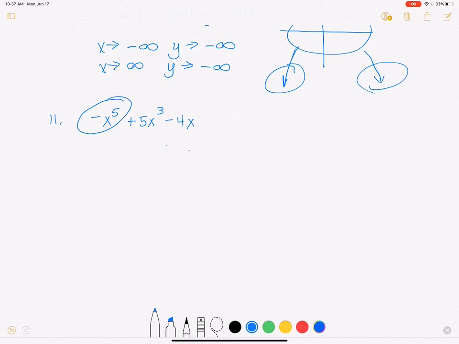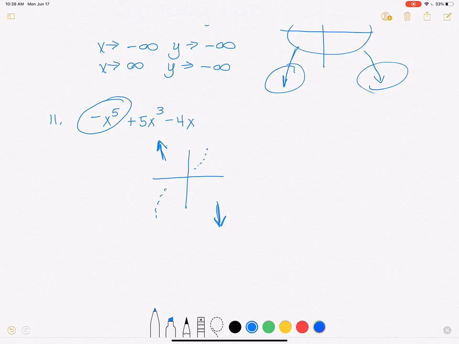If I know what an x cubed looks like, then an x to the 5th, that end behavior is going to be the same thing. Remember that if it were positive, it would be doing that at the end behavior. This is negative, so I have to reflect that. So this graph is going to be doing that and that.